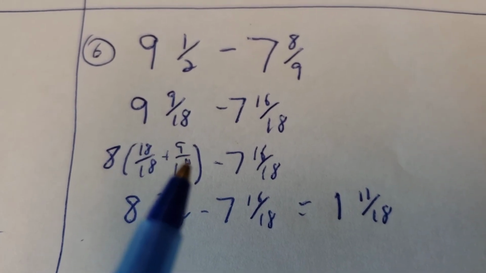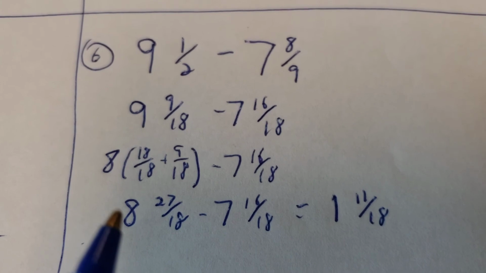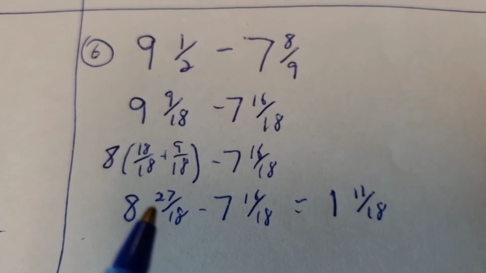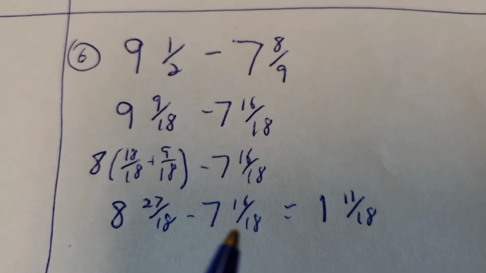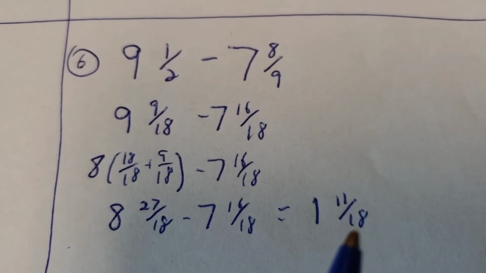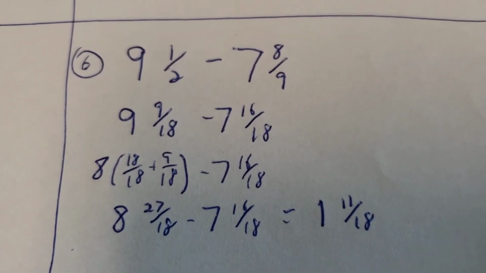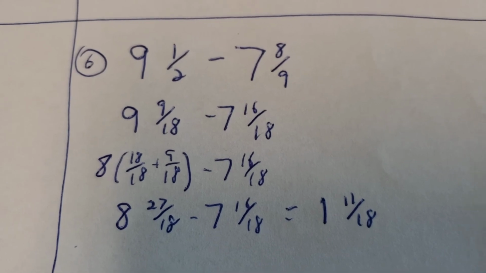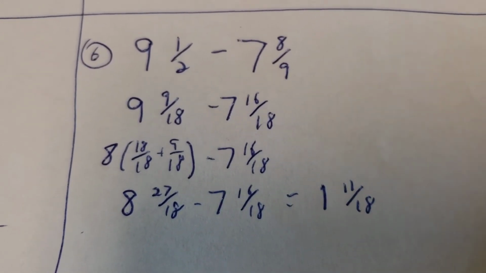That way it's going to be a weird-looking mixed number with an improper fraction in it, but it's just for temporary use. So that becomes really 8 and 27/18 minus 7 and 16/18. Now the fractions are able to subtract, and 27 minus 16 gave me 11/18 as my fraction. 8 minus 7 left me with 1. And once again, you could have done the improper fraction way also, but whatever way you like to go with.